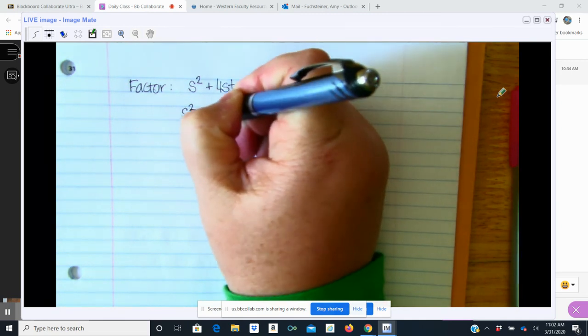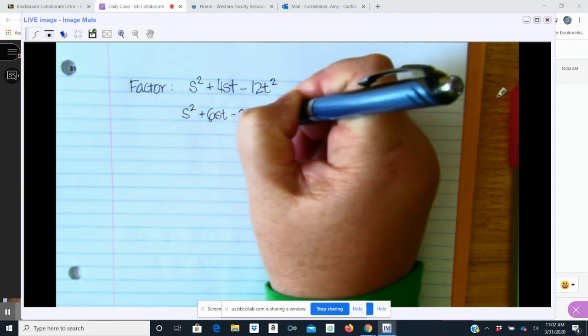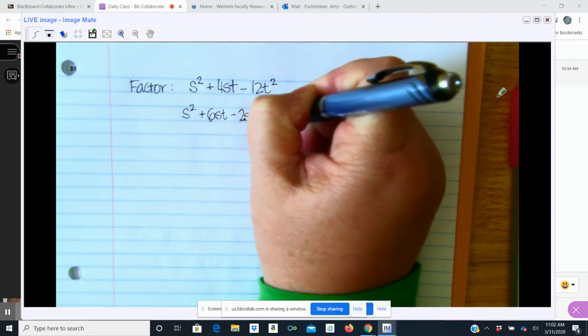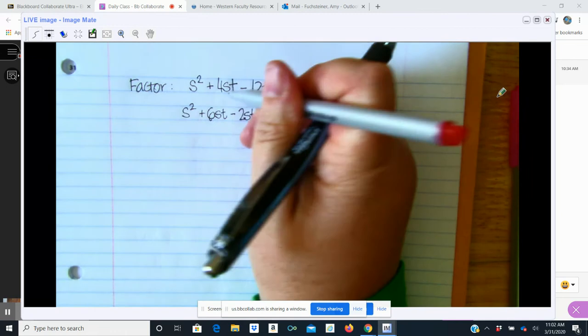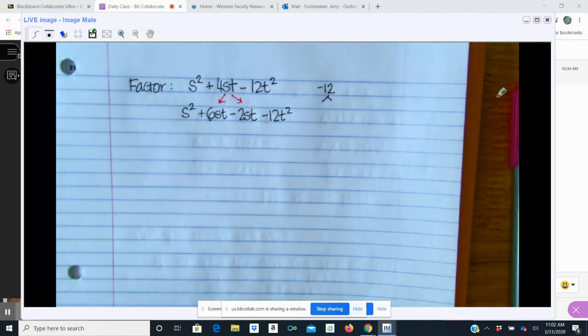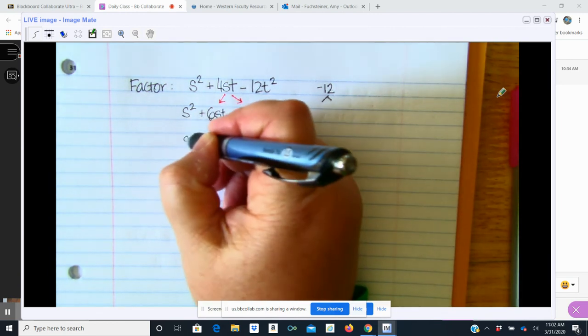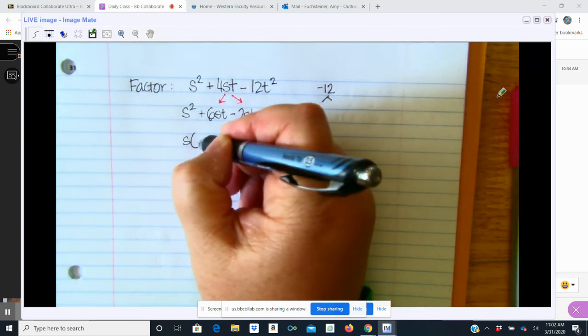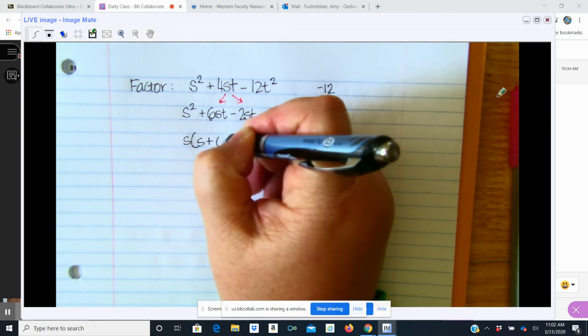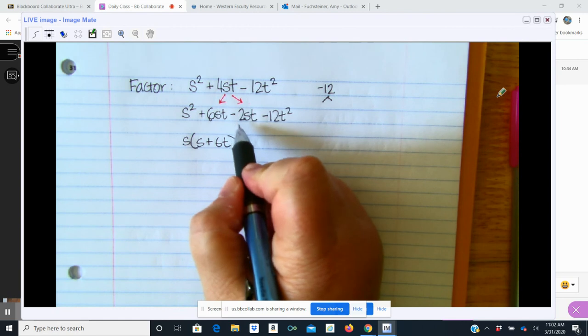And we'll keep the st that's there. And then looking at the first two, we can factor out an s. And we're left with s plus 6t.